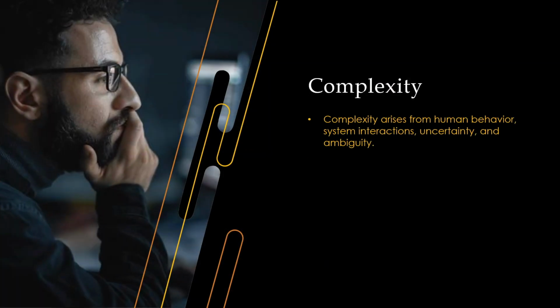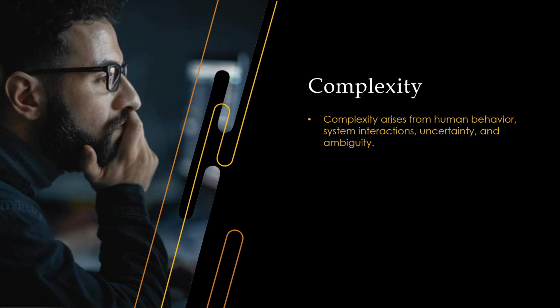All right, let's talk more about complexity. Now, in project management, complexity is not merely about a high number of tasks. It's about the intricate interplay, as we saw in that example. And this interplay could be of human attitudes, dynamic system relationships, and the inherent uncertainties of any project environment.